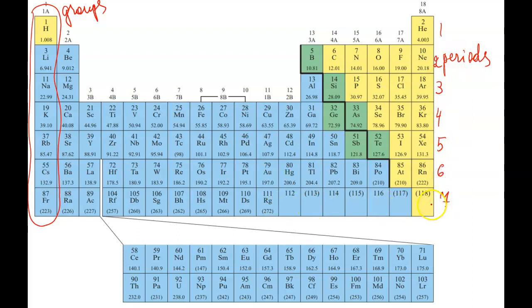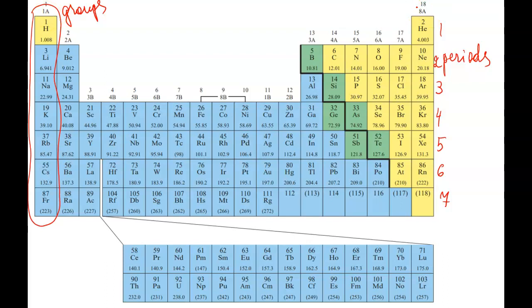And you can see 7 is not finished, so it has a lot of space for other yet undiscovered elements. And there are 18 groups in the periodic table, from 1 to 18.